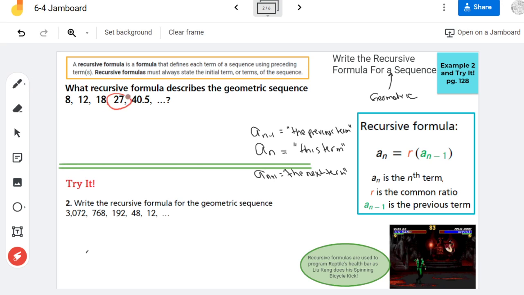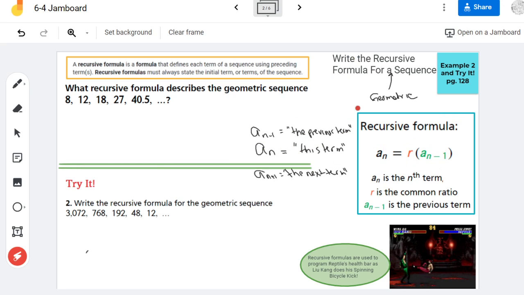Now, usually, because we're applying this formula repeatedly, we use it to talk about the previous term, but sometimes people get a little wild and use the next term notation. Savvas uses the previous term to describe things. So that's the formula that they have here.